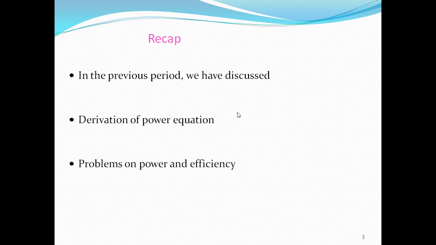This is leading power factor. If the excitation is less than normal, it is called under excitation, and the back EMF Eb is less than V. Then Eb is equal to square root of V square plus Er square minus 2 V Er cos of theta minus phi. Using these equations, we can calculate back EMF Eb.